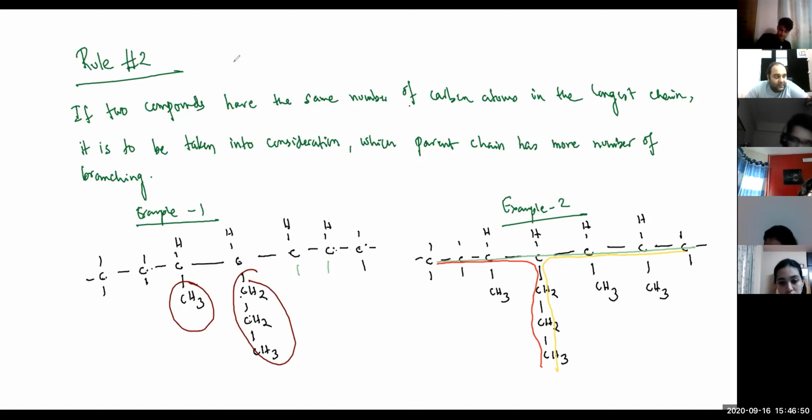Whatever direction or whatever way we take, the longest number of carbon atoms in the parent chain is 7. So what should be the name for this? Hex, hept, oct. Yes, it's hept. Achha. So in example 2, how many side chains do we have?